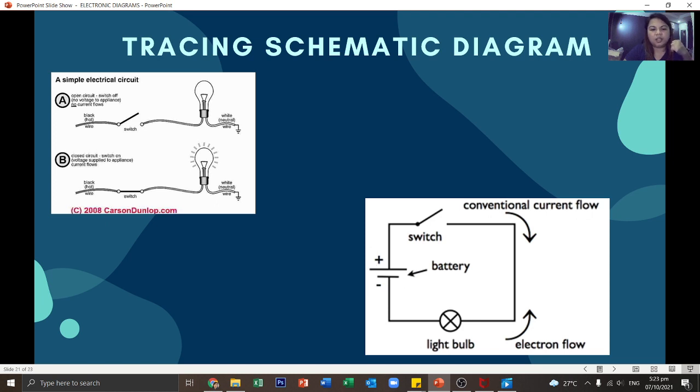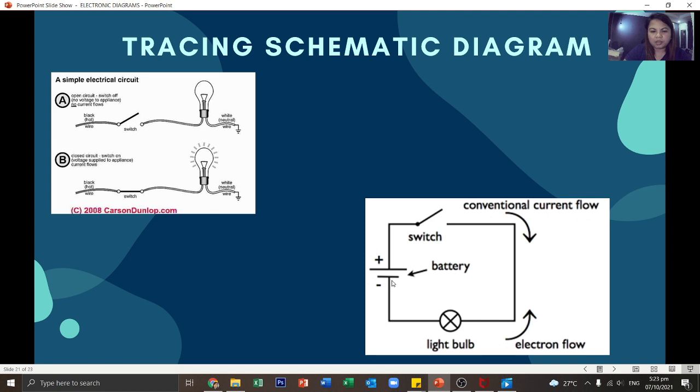Of course, they are on the negative. So electrons originate from the negative terminal of the battery. Then, since they are negative, they will look for the positive charge, because they are attracted to the positive charge. So they will flow from the negative of the battery to the positive of the battery.